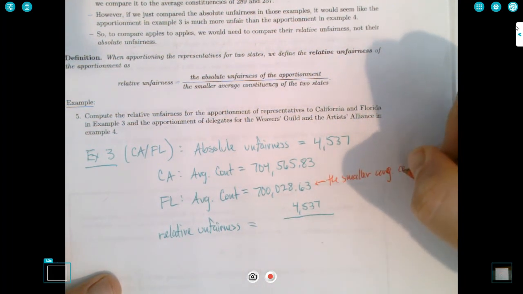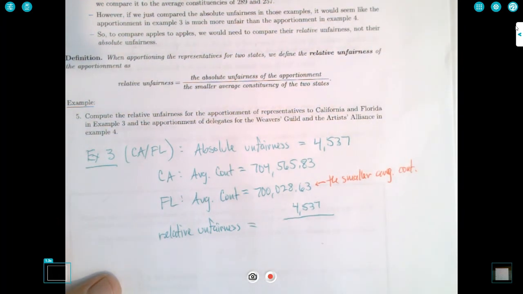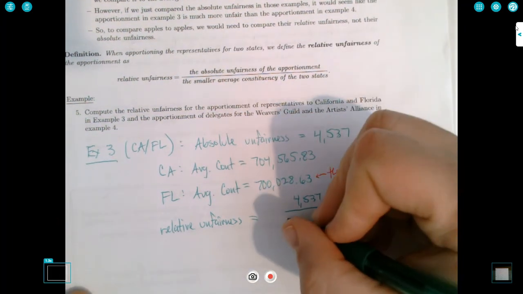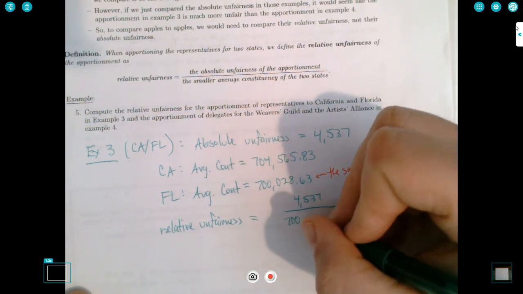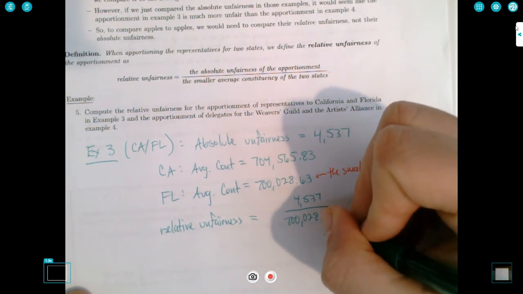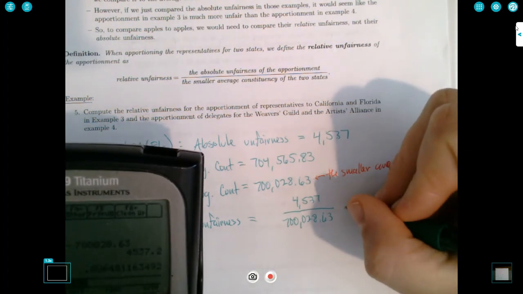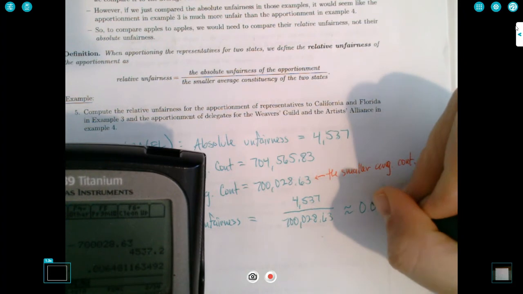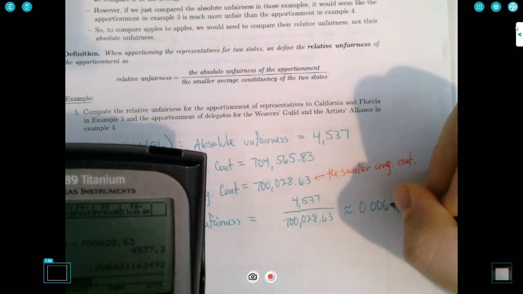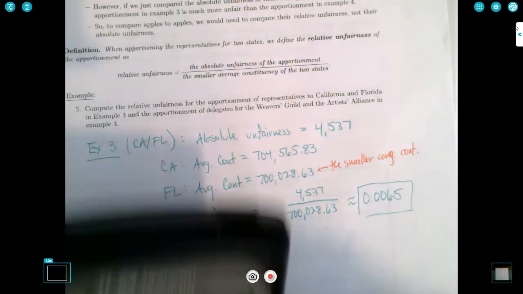So we're going to divide by 700,028.63. And what does that come out to? 4,537 divided by 700,028.63 comes out to about 0.0065. We'll go to 4 decimal places.